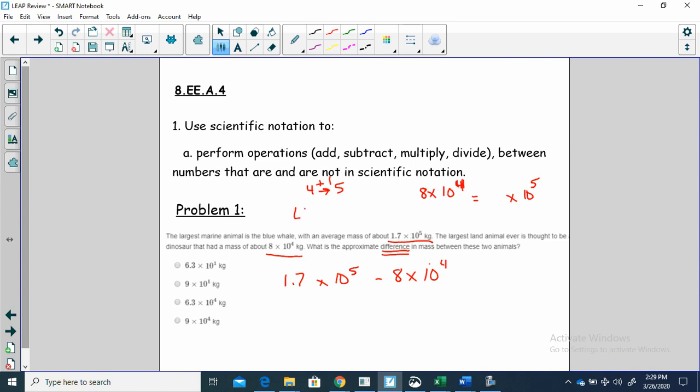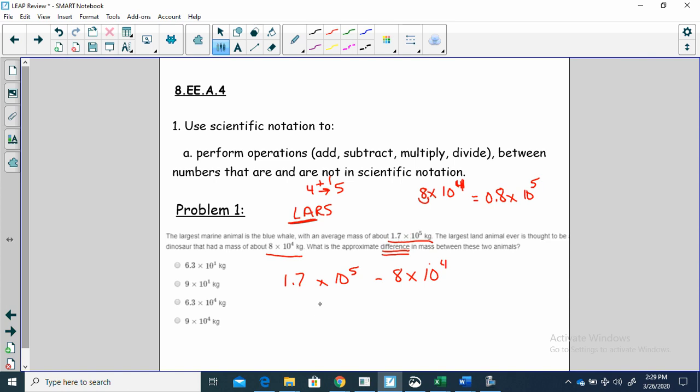This is for our Lars decision. Lars says if you add on your exponents, then you go left. So we start with our decimal here and go one place left. This would be 0.8 times 10 to the 5th. 8 times 10 to the 4th is equal to 0.8 times 10 to the 5th.